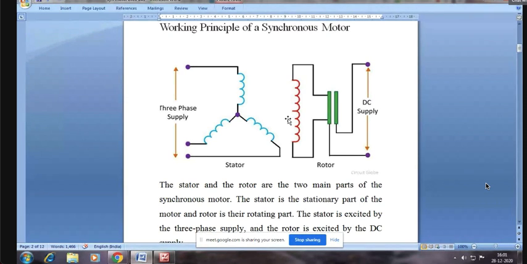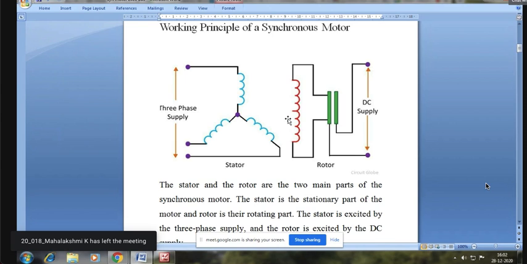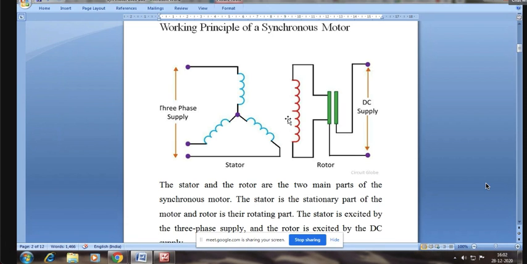How does a DC motor behave when we use slip rings instead of split rings or commutator segments? Is my question clear?